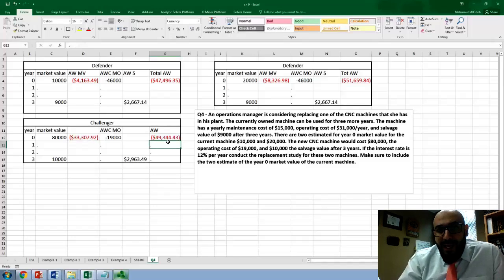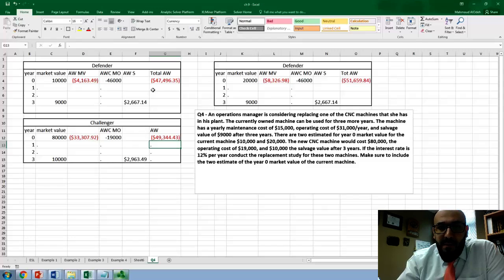Now, the last thing you need: you did a great job analyzing the scenario and calculating these numbers. Now you need to make a decision. If we look at the Defender, when the market value is 10,000, versus the Challenger, we found that it is cheaper to keep the Defender.